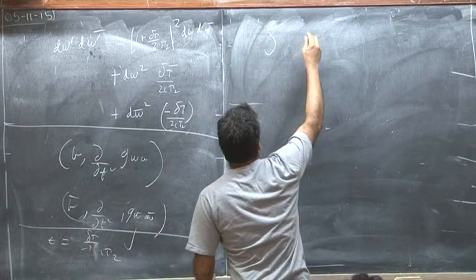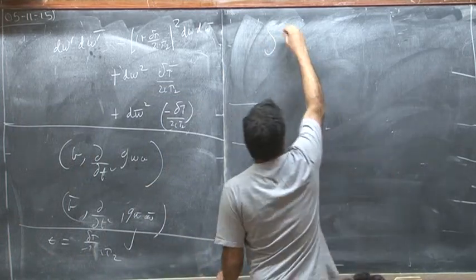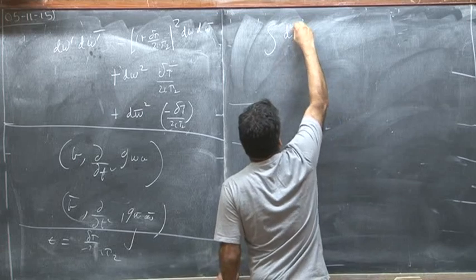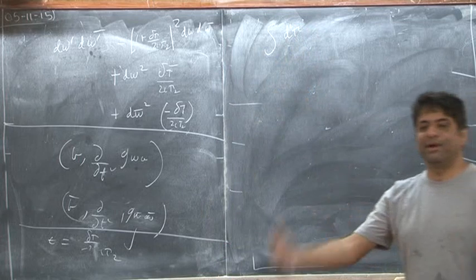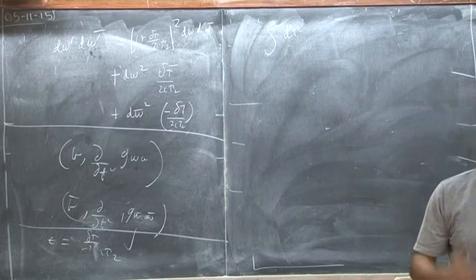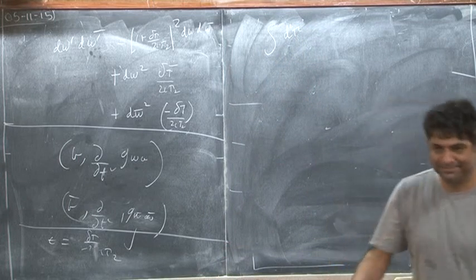So we had the integral d2 tau, right? Because d tau bar. This was the measure on the moduli space.